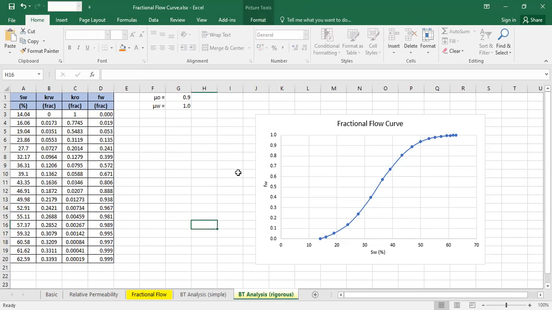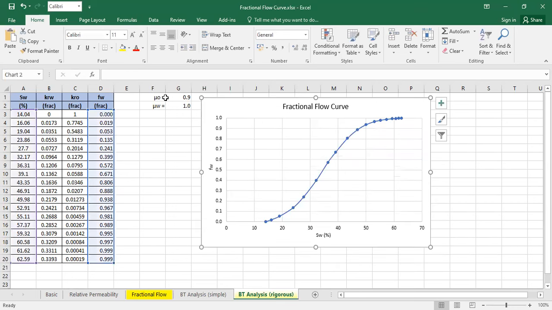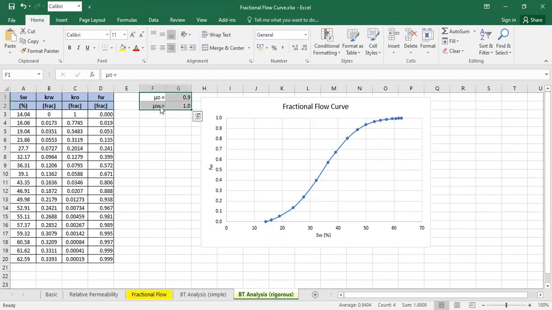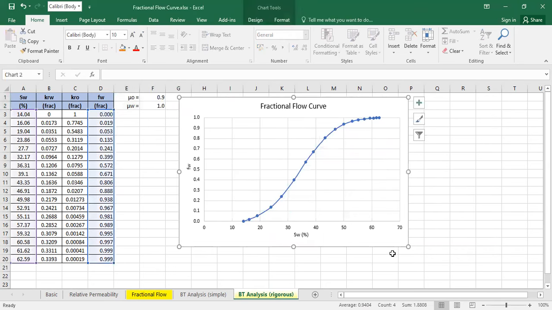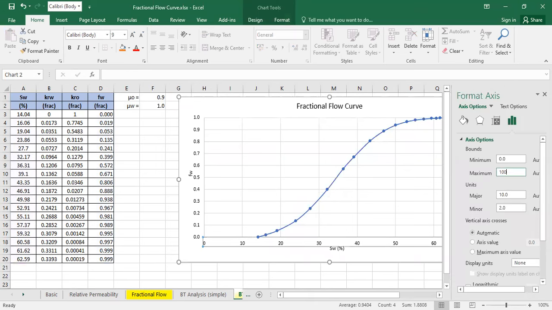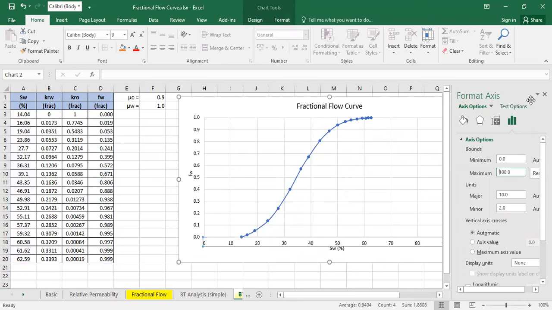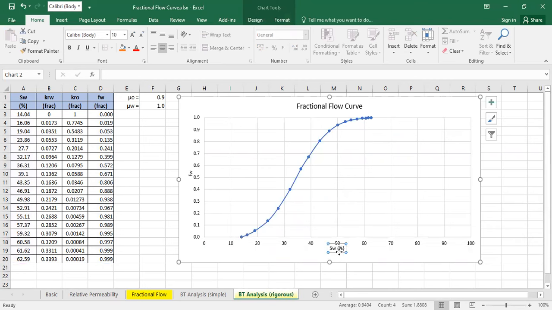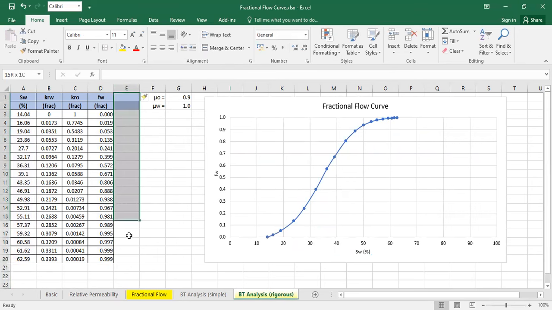I will delete this and put it there. Let's make it a little bit bigger, and the same thing, 100.